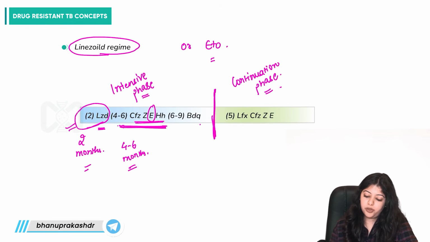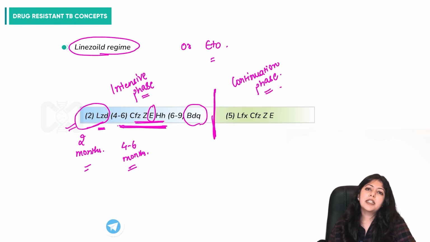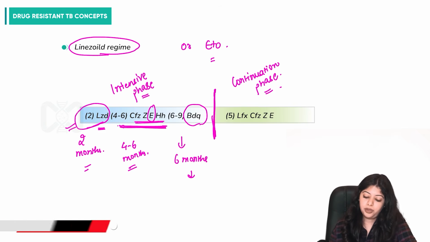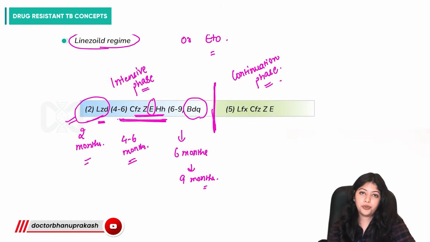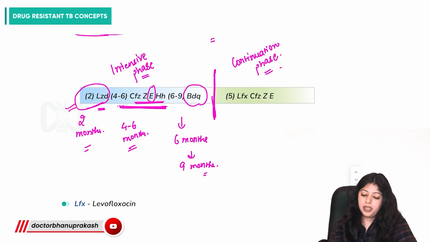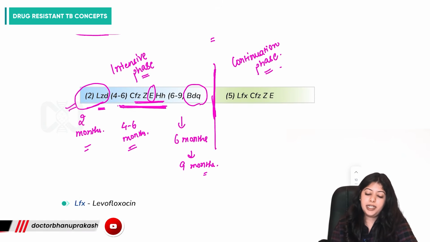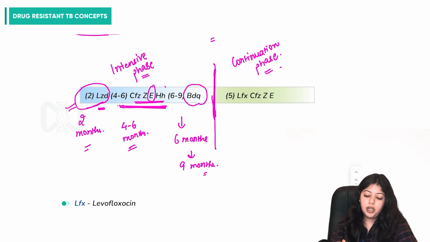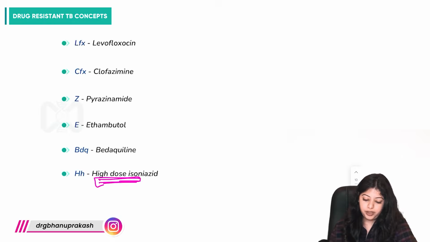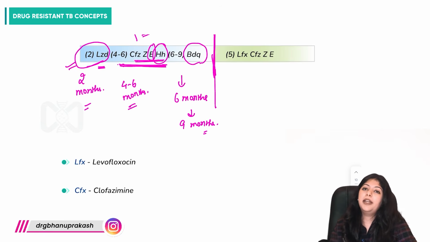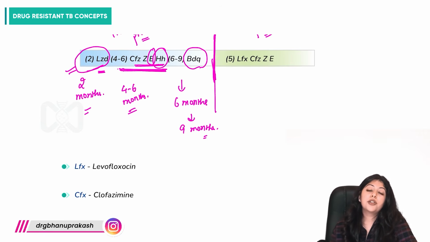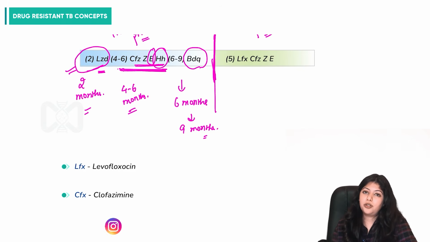And the last drug, bedaquiline, is mostly given for 6 months, but it can be extended to 9 months based on the prognosis and treatment progression of the patient. This concludes the intensive phase drugs for MDR and rifampicin-resistant patients.